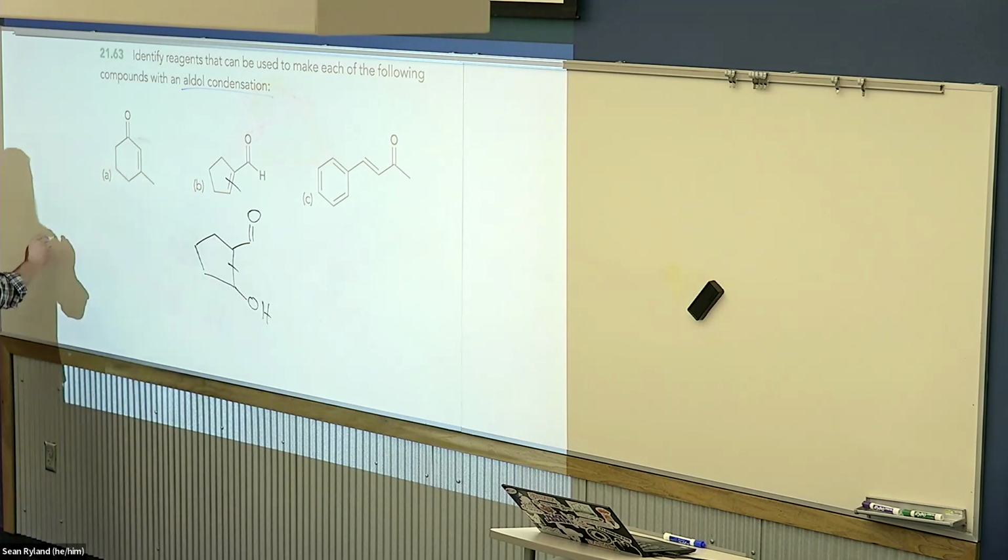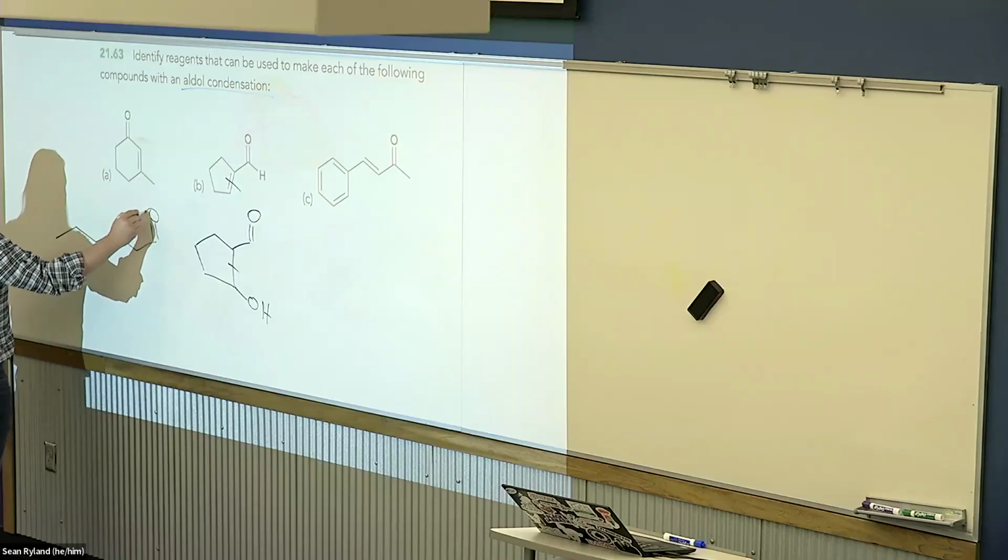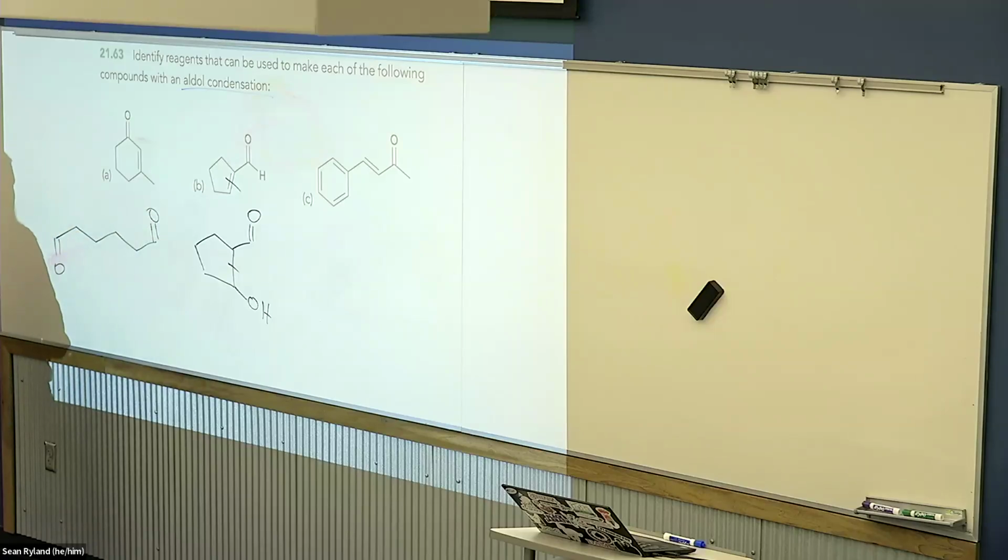No methyl groups. So hexanedial. We don't even need to specify the locants on that one, right? There's no branches or anything. It's a dial that has to be on both ends of your chain.